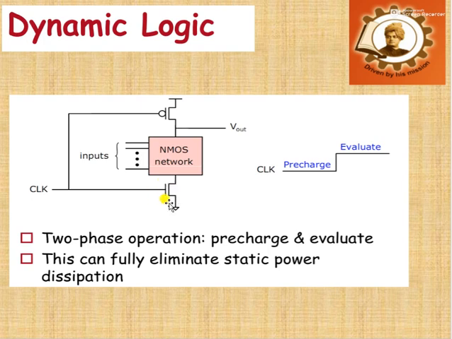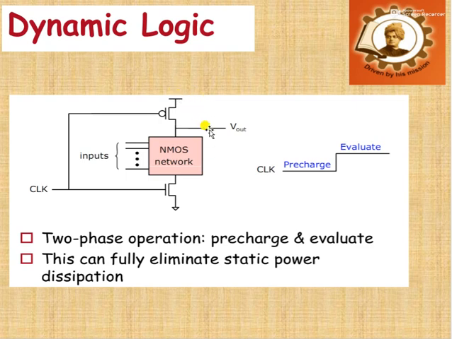NMOS is called the evolution MOS and PMOS is called the precharge MOS. When the clock is low, the PMOS will be on and the output capacitor at the output node will be charged to voltage VDD.